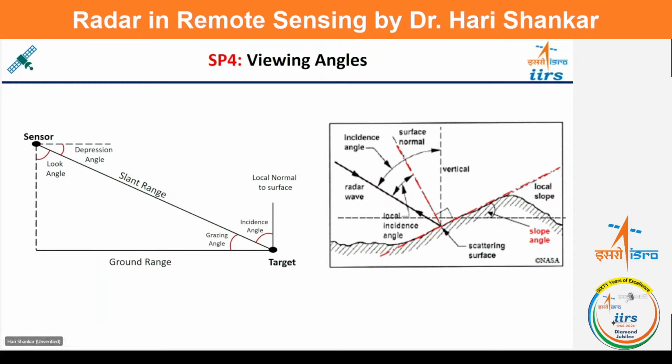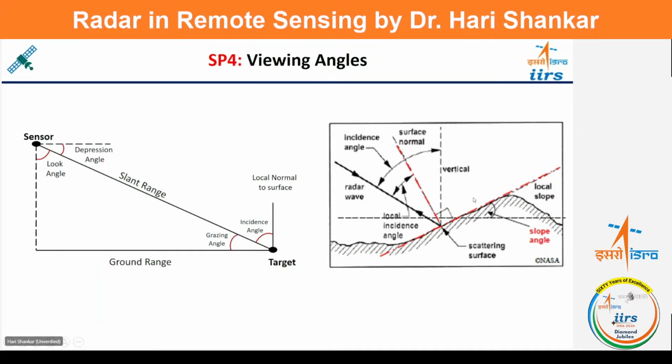The angle between this normal and the slant range is called the local incidence angle. The angle from here to here is called the incidence angle. So the incidence angle is equal to the local incidence angle plus this angle, and this angle is equal to the slope angle.